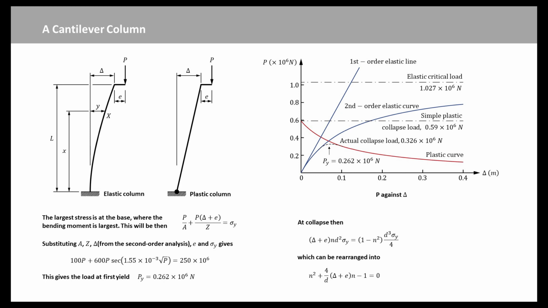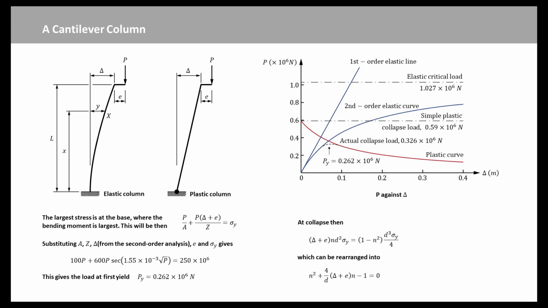The intersection of the second-order plastic and elastic curves, P equal to 0.364 times 10 power 6 Newton, delta equal to 0.0683 meter, is a good estimate of the actual collapse load and deflection. This is a rather extreme example because the cantilever column is very flexible, but it does illustrate the P-delta effect.